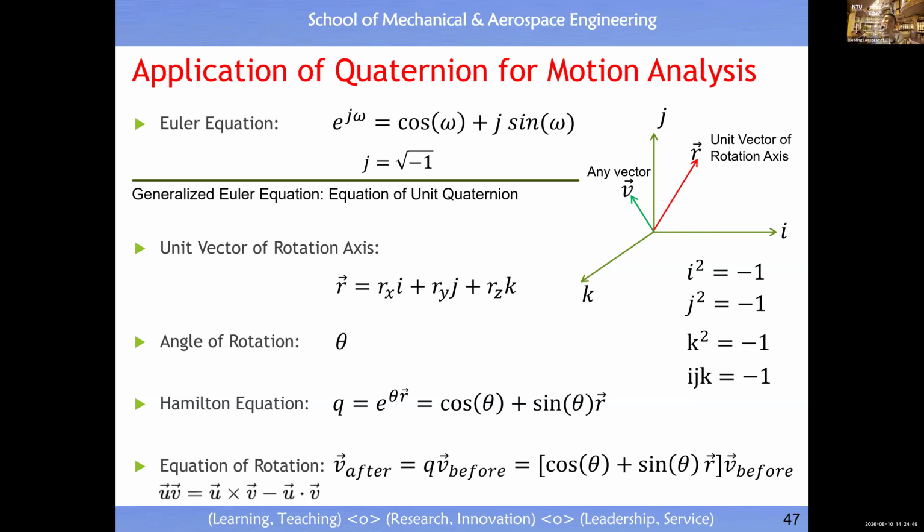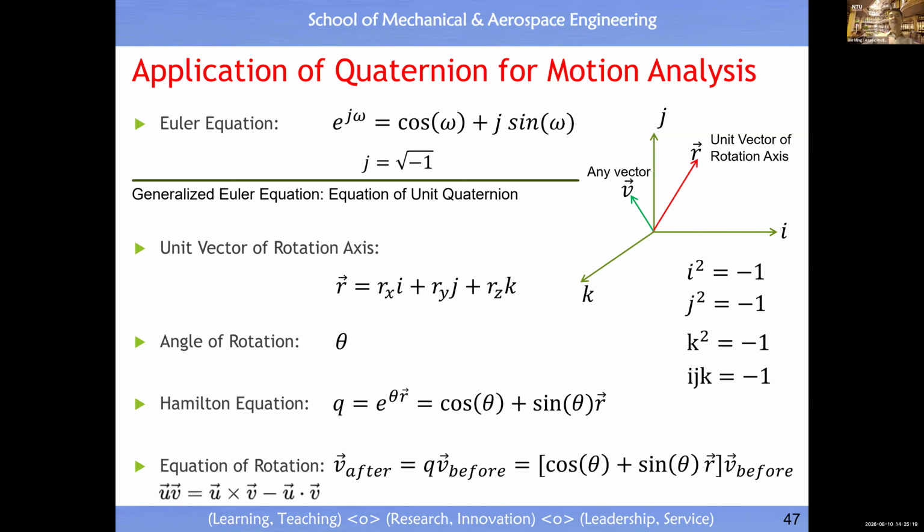And look at the Euler equation, you just consider J is any axis of rotation, omega is any angle of rotation about the axis. Then you have a compact representation of a rotational motion. Then how to apply rotational motion to any vector in space? You see it just multiplies them together, Q times V before rotation. Then you obtain the V vector after rotation.